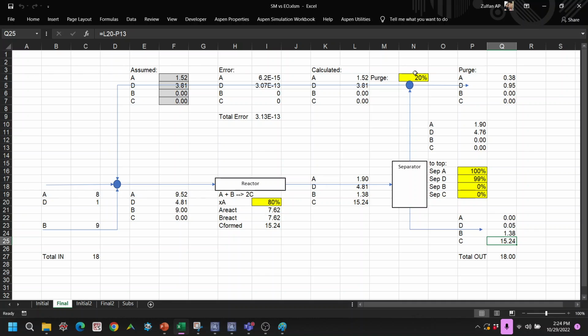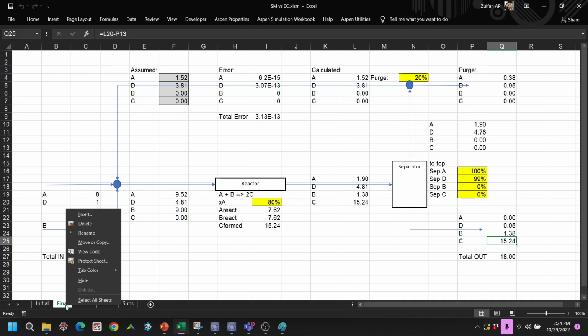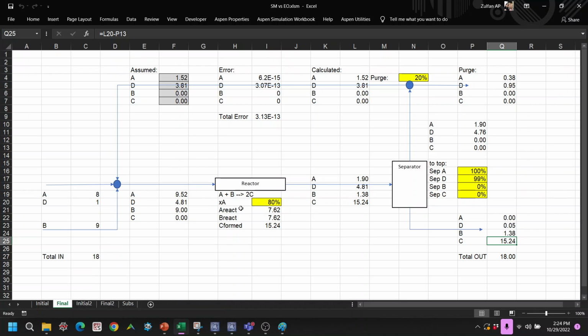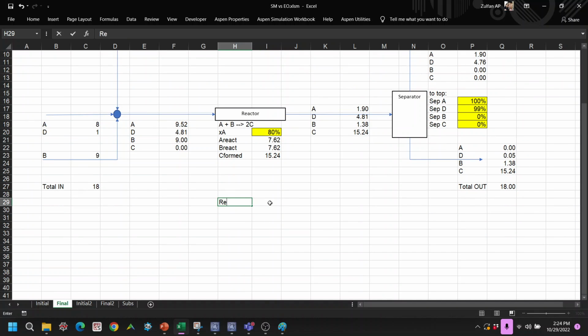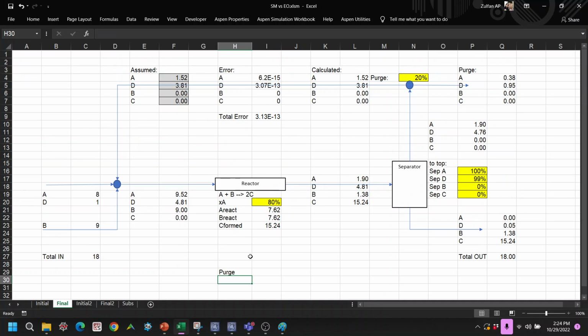And then for example, if you have a purge, something that you can control, say I want to maximize the C. If I want to maximize this, I have to redo this again. So what we could do in this case, we have the reflux, and I'll put the purge here so that we know. So we have purge 20%. We have C is then 15.24, right?